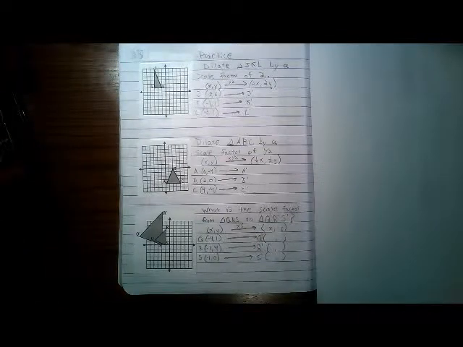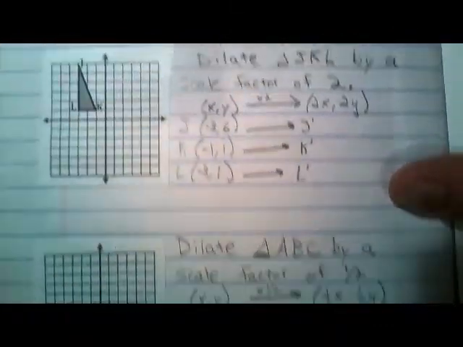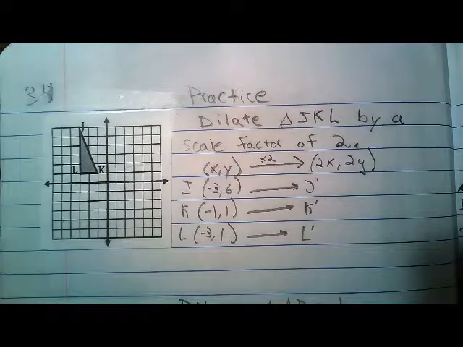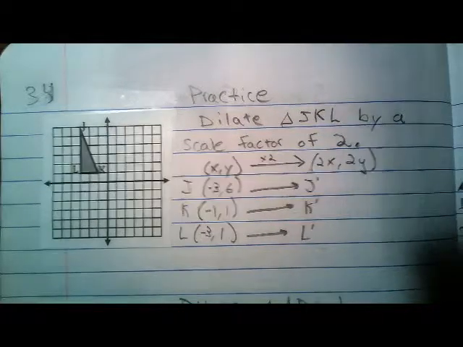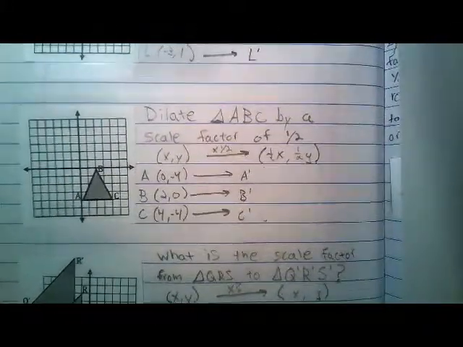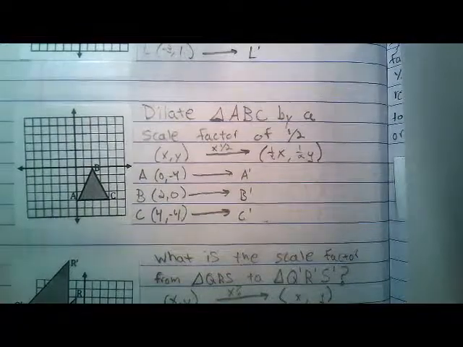Now on the left side of this entry, you're going to cut out those smaller coordinate planes, and those are going to be your practice problems. So the first one is you're going to dilate triangle JKL by a scale factor of 2 with respect to the origin. And I want you to show the table of how the coordinates change. The next one, you're going to dilate triangle ABC by a scale factor of 1/2.